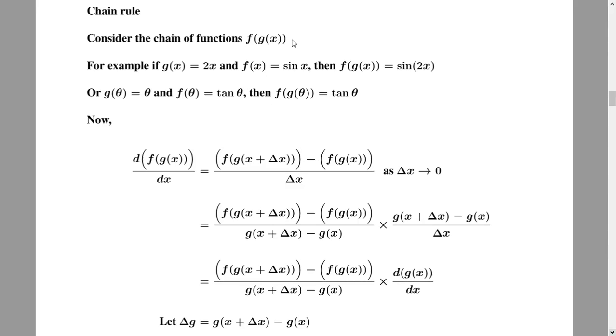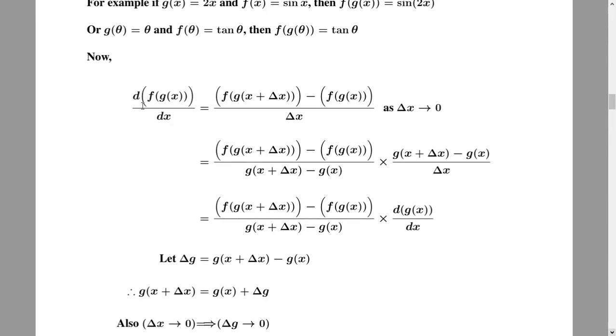Okay, so if we have this kind of a chain of functions, how can we differentiate that? So d of f of g of x by dx, this derivation could be a little involved. So take your time to understand. It's quite easy, but then it's quite long and we make lots of substitutions. So if you're not able to follow, just pause and try to understand every line.